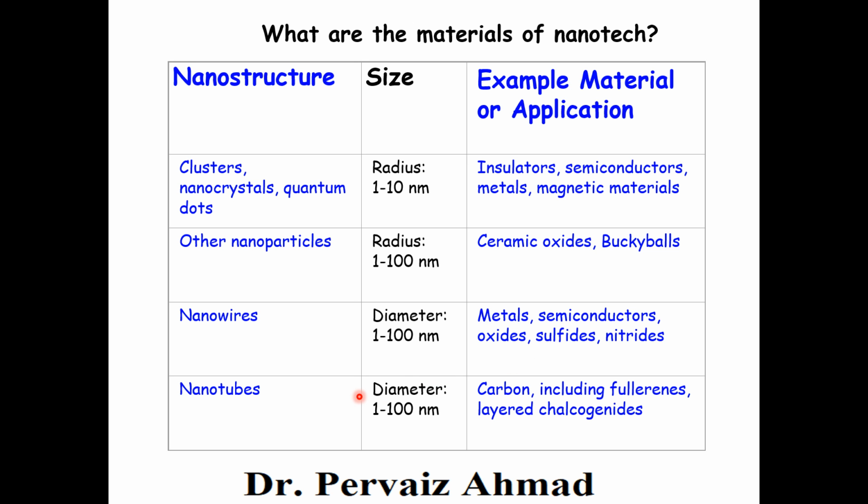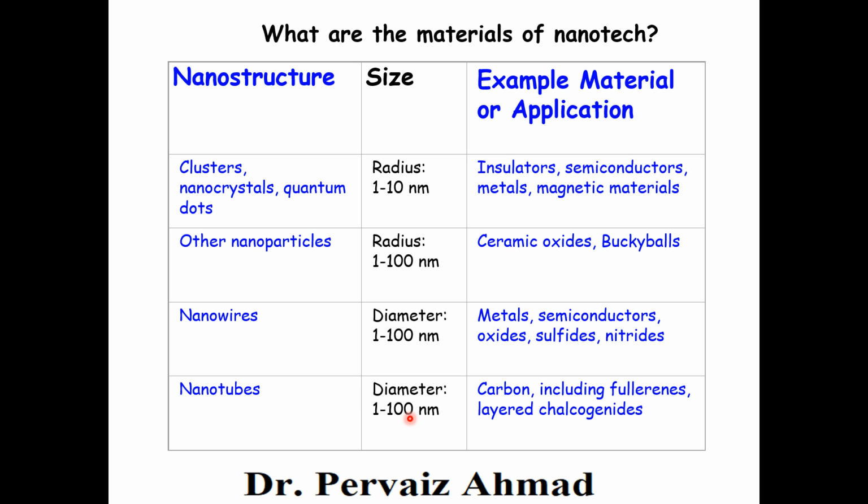And we can have nanostructures as nanotubes. Nanotubes, you know, are cylindrical structures. I mean, it's like the nanowires, but nanowires are filled, while nanotubes are hollow cylindrical structures, and they should have diameters in the range of 1 to 100 nanometers.